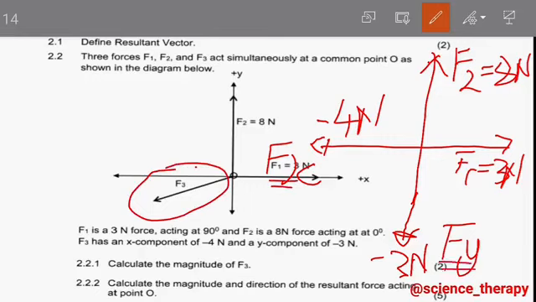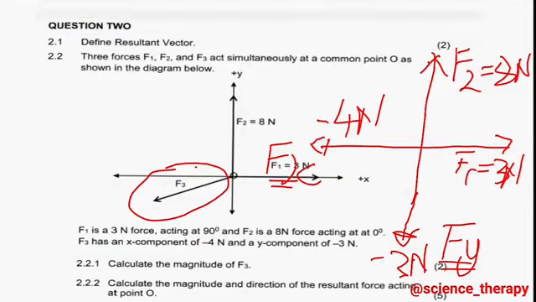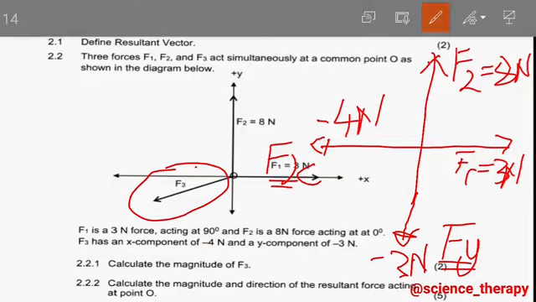So now if we can just do this, remember this is our Fx. So let me do it like this. Remember, this is my Fx moving all the way, negative 4.